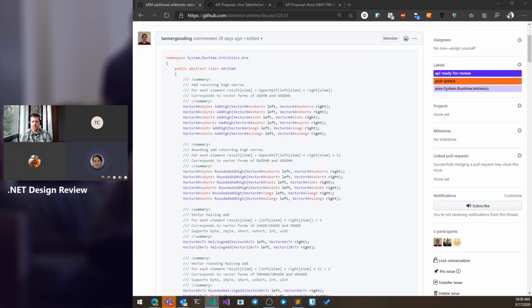I don't know how we would specify that it's narrowing to give the upper half of the result. Normally when we use the word narrowing elsewhere, don't we tend to mean just chop off everything above what doesn't fit into the data type? Right, and in this case, we're taking the upper half that would normally be chopped off. So add low, for instance, would be the equivalent of what we think of as narrow.